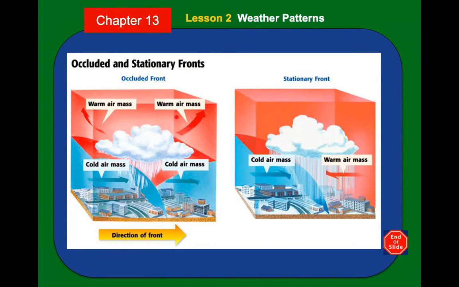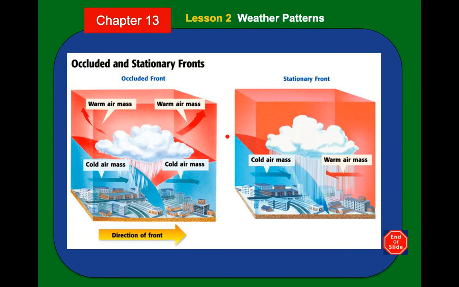So warm air is rising. Again, it holds more moisture. Condensation is going to take place. And then precipitation is going to follow that. Depending on how cold the air is underneath it, we're going to get snow or maybe even freezing rain, depending on the situation as it moves out of the way.